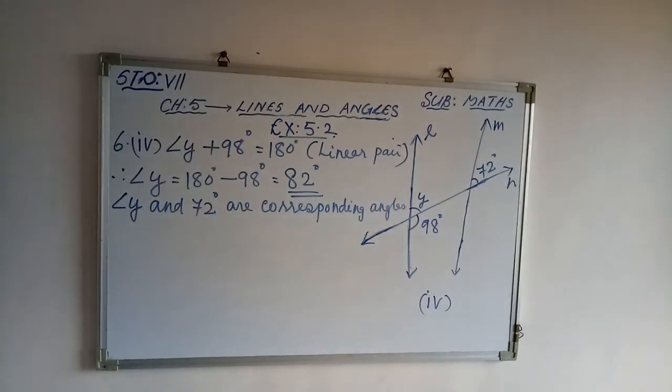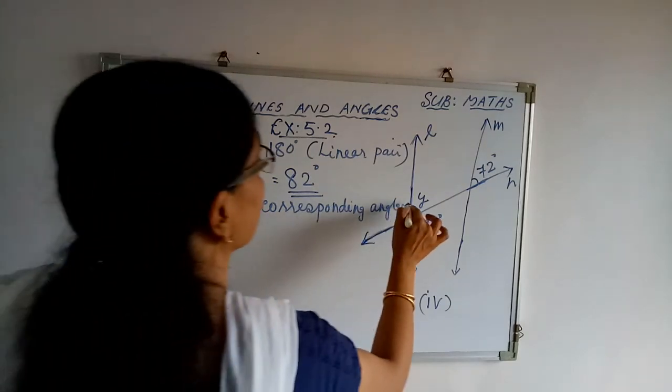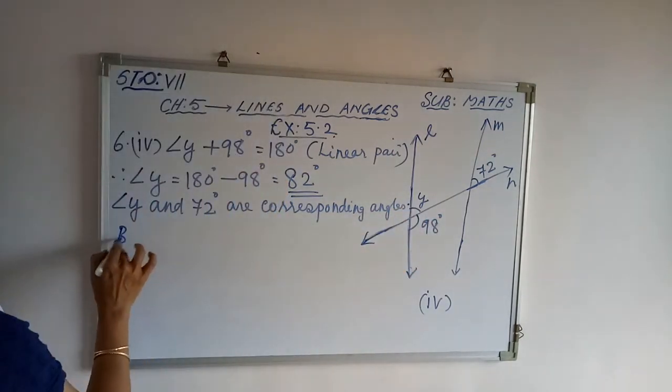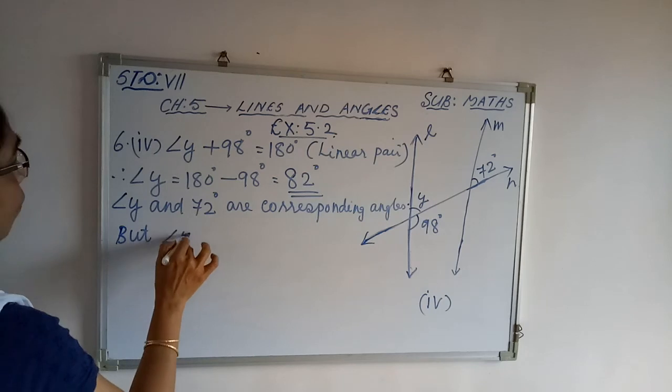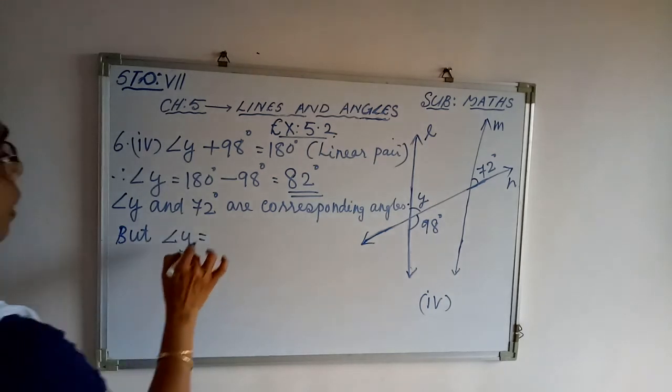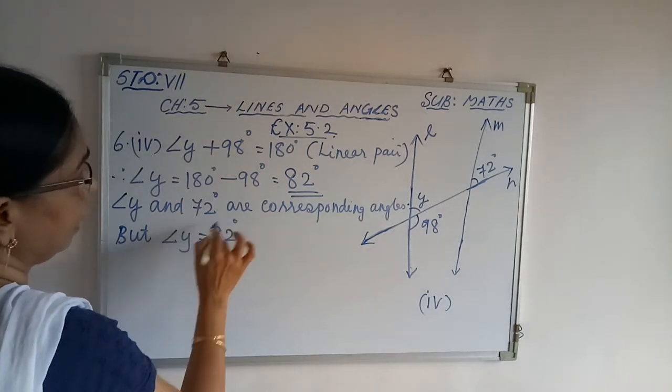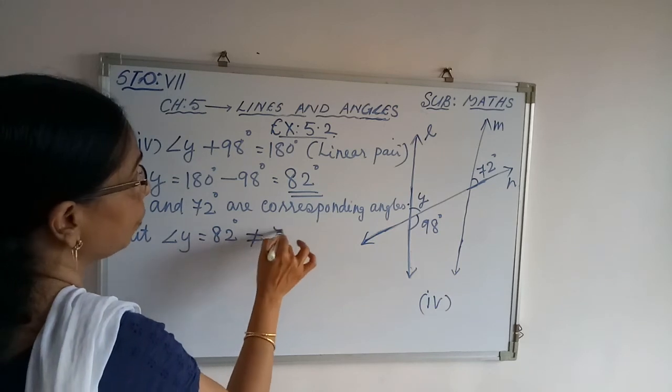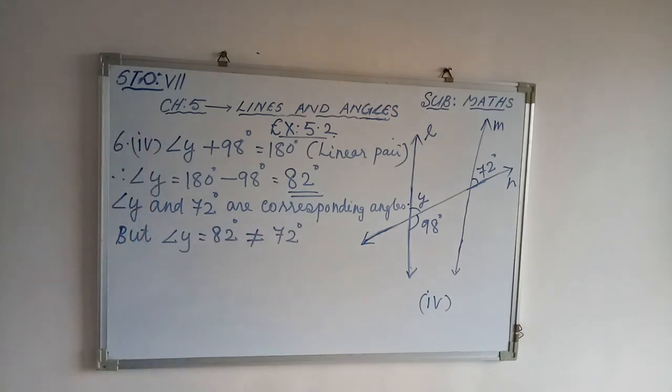Now, angle Y, how much we got? 82 degree. That is not equal to 72 degree, because for two lines to be parallel, we know that the corresponding angles should be equal.